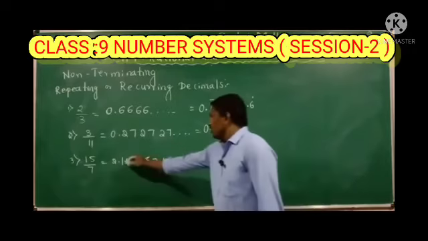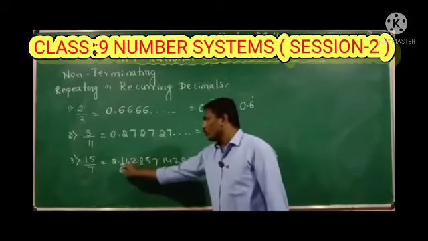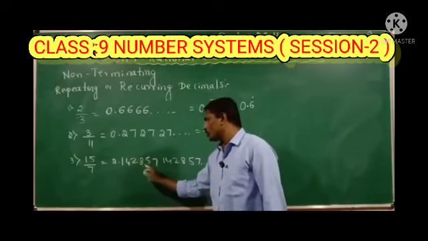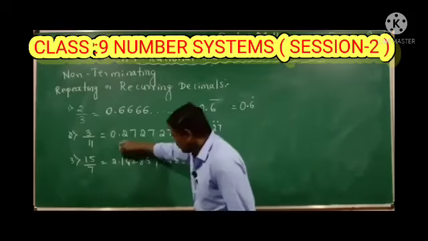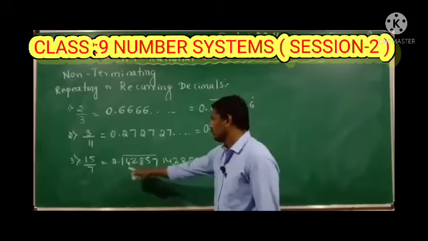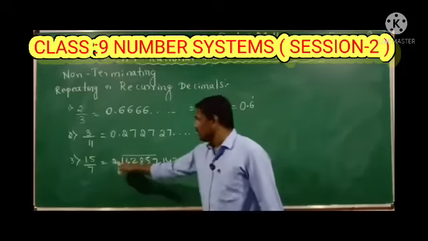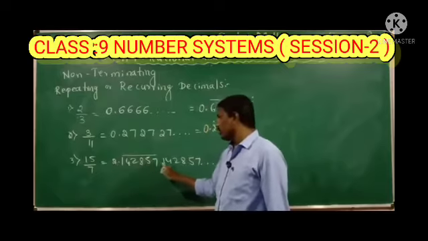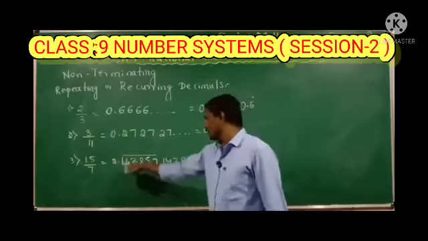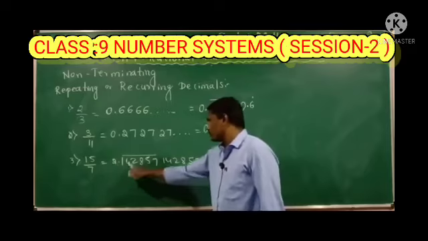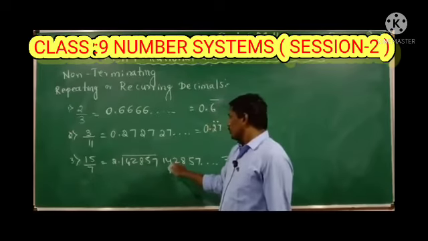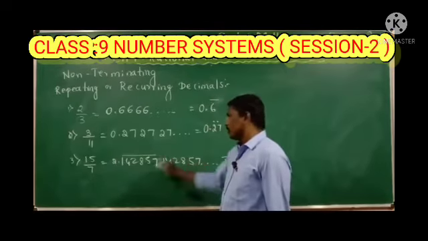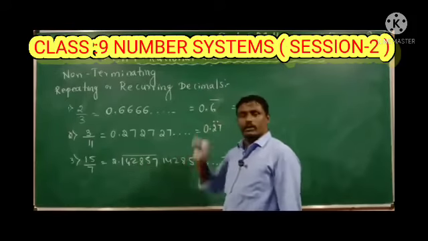Next, in the third example, 2.142857. So these numbers you are observing here, 2.142857, the same number is repeated here. 142857, 142857, right?